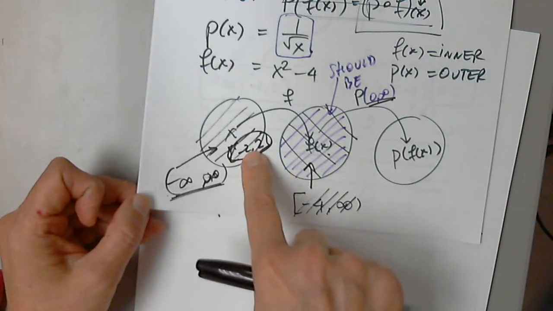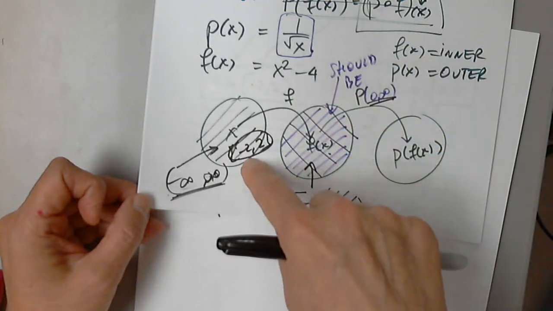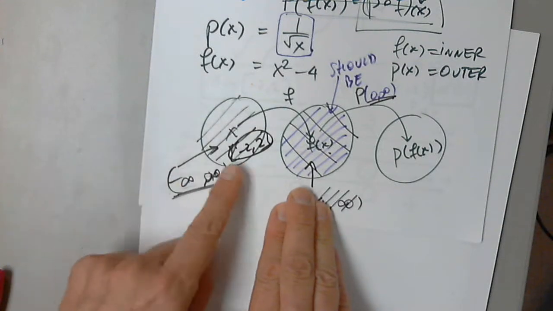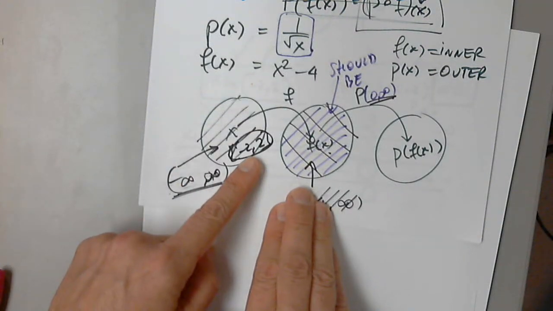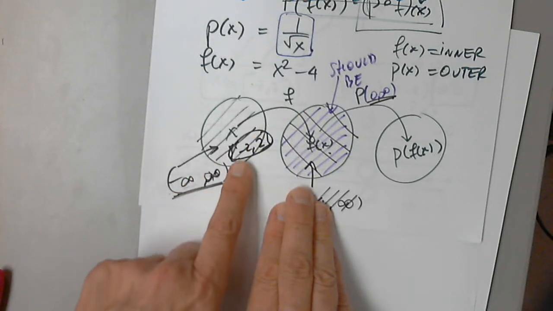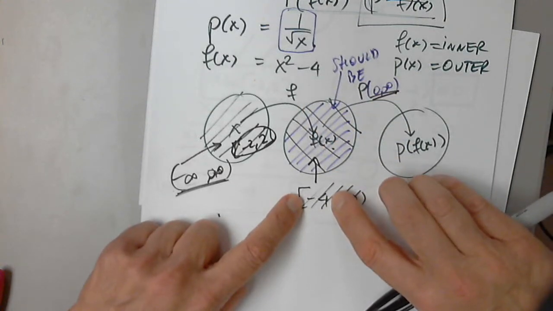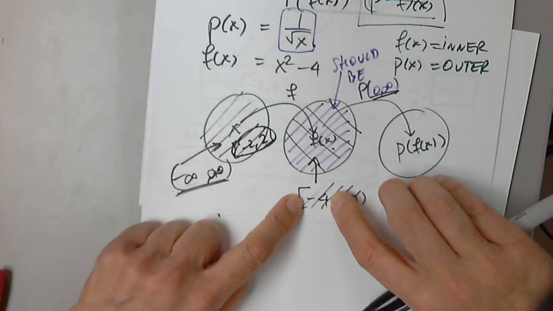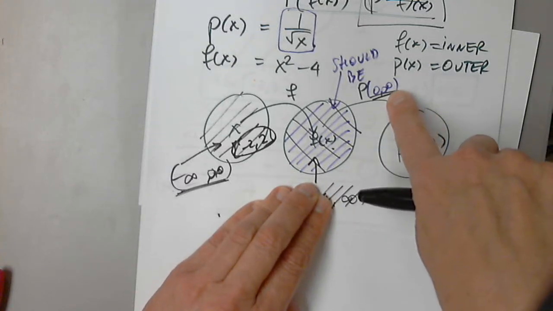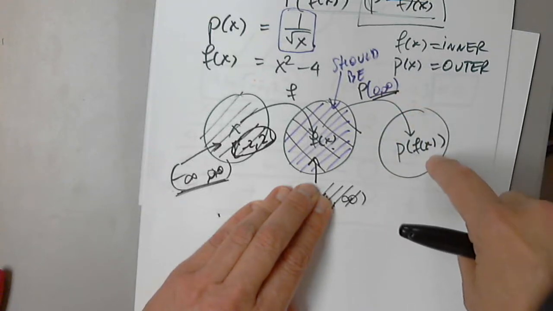So those numbers that F applied to brings -4 to 0 are now excluded. They're not here anymore. Since they're not here anymore, F will not be applied to -2 to 2, and the result here will never be -4 to 0. Therefore, it will always be 0 to infinity, which is the required range. So then P can be applied to 0 to infinity and get here.